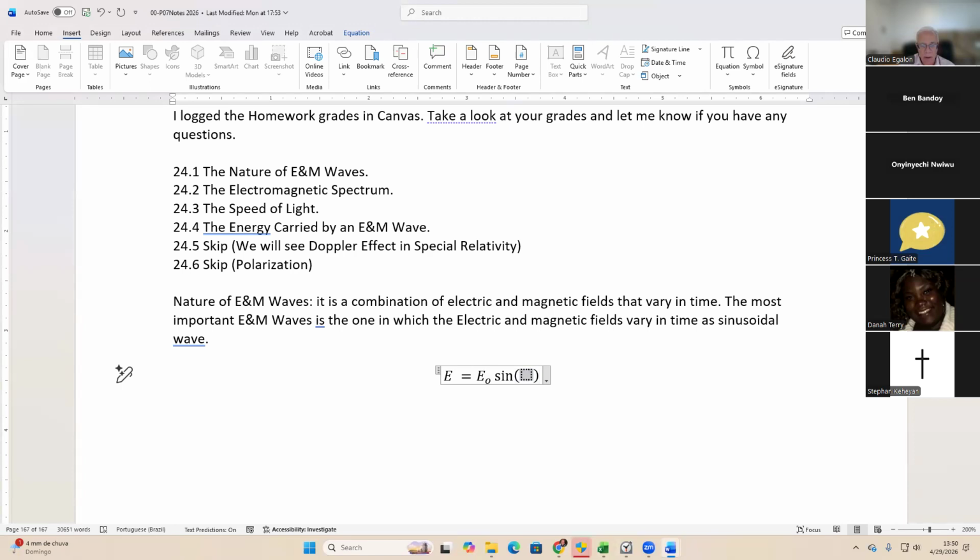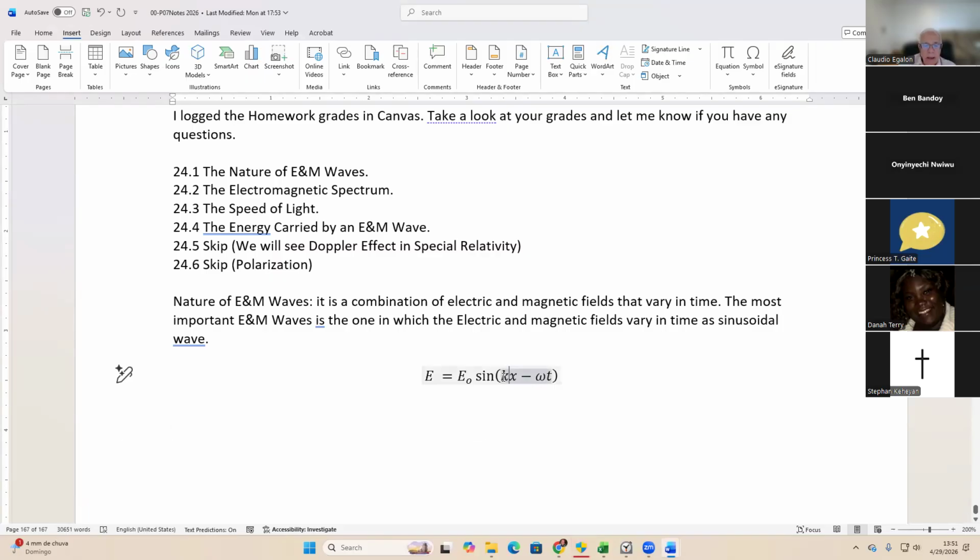Since it will vary in time, we will have an omega t term, but there is more because it's a wave. There must be a kx minus omega t term inside the sine.